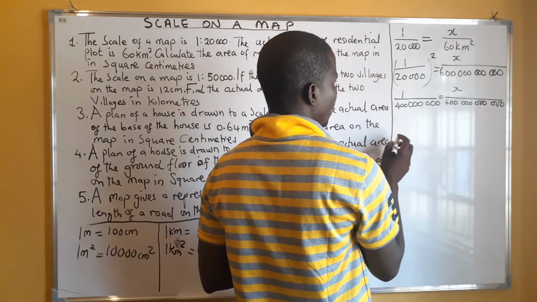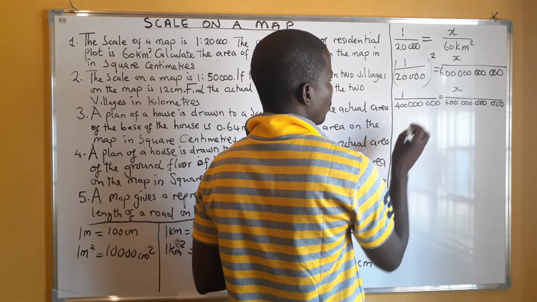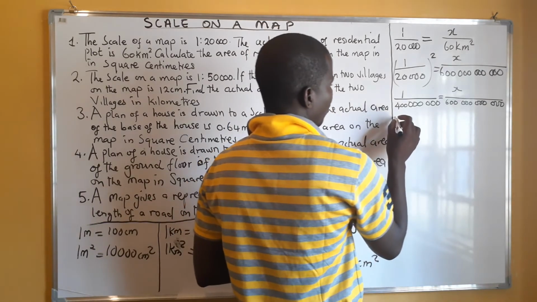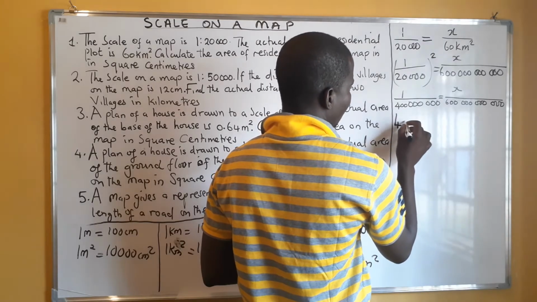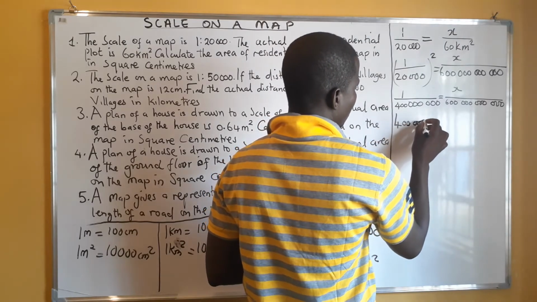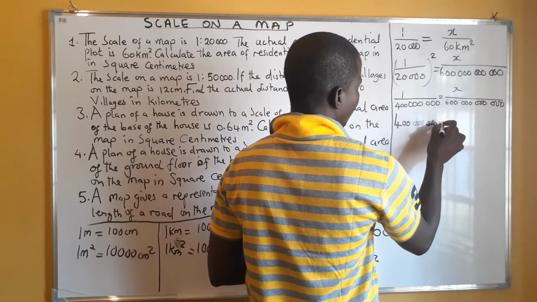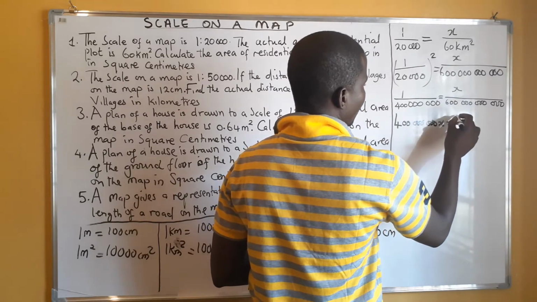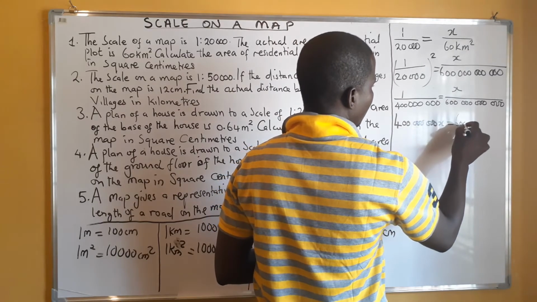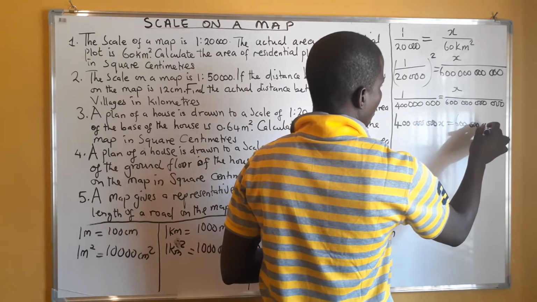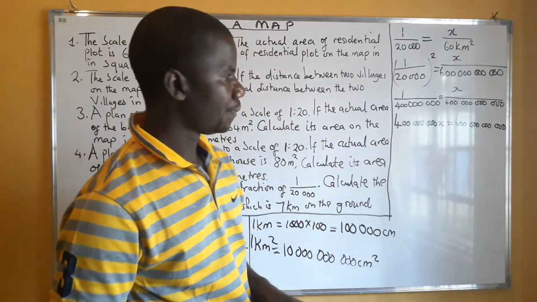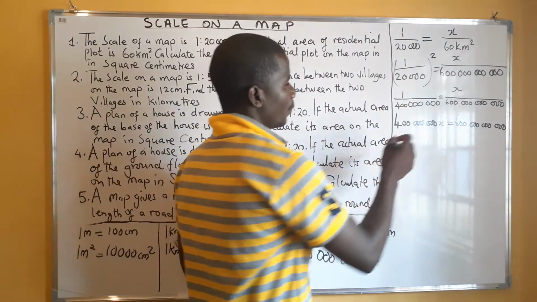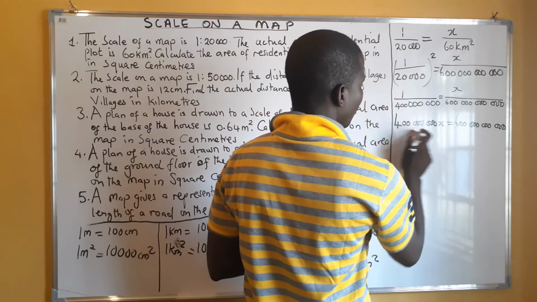When you cross multiply, you are going to have 400 million x is equal to, we bring this one now, 600 billion. Then we have to divide both sides by 400 million.